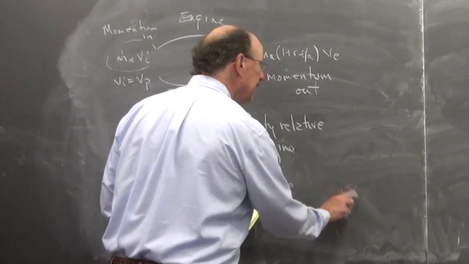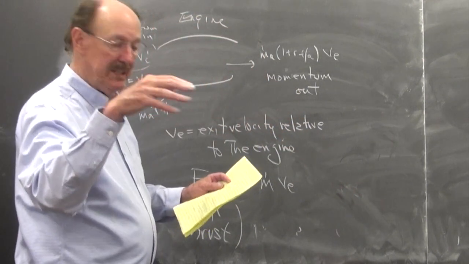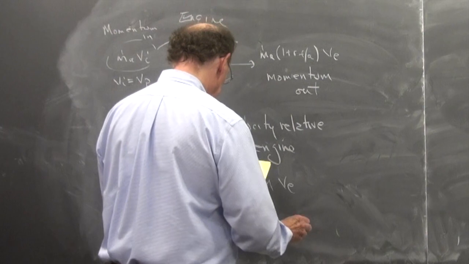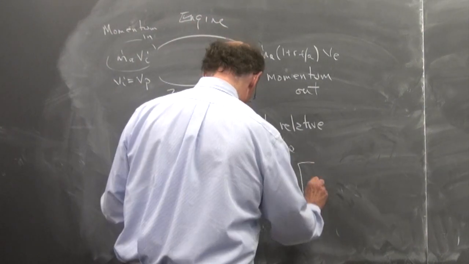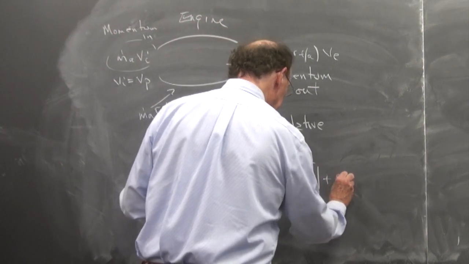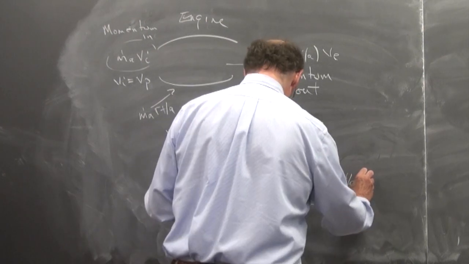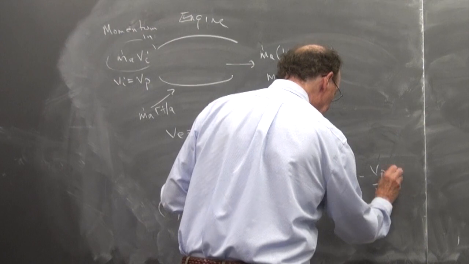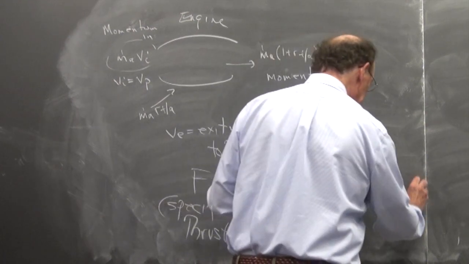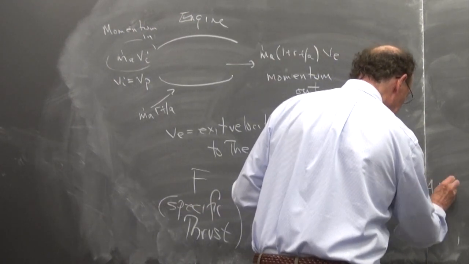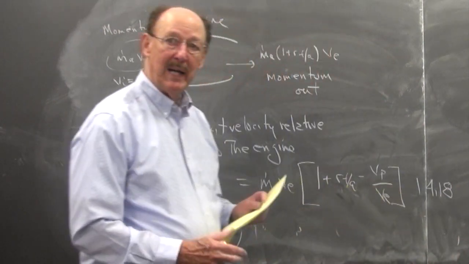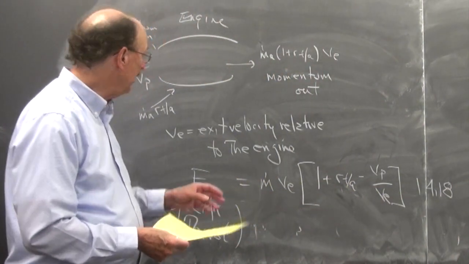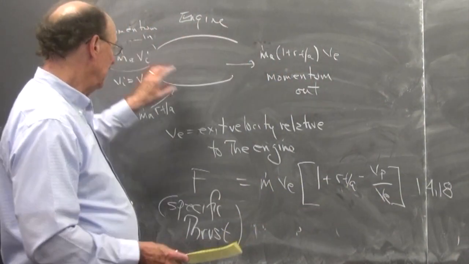This is looking at the change of momentum, that d(mv)/dt term, where there have been some steps done. 1 plus RFA minus v sub t over v sub e. And this is equation 14.18. What I did not do is the algebra of dealing with these terms to give me this.